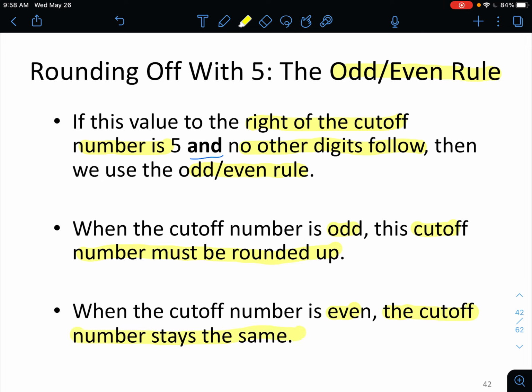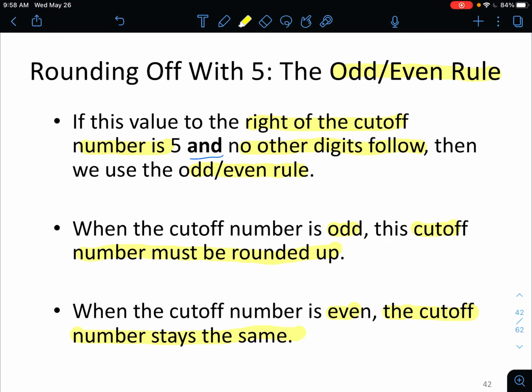So look, this is very different, right? It's talking about a specific case where the cutoff number is followed by a 5 and nothing else. And in that case, whether the cutoff number is odd or even is going to dictate what we do. And 0 would be even for these purposes.